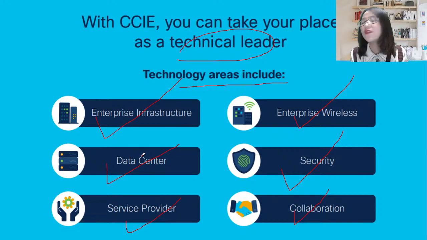EI is very popular in the current market. I will explain the EI Lab details in a later part. But some friends are interested in different directions. As we all know, as long as you are engaged in networking, enterprise infrastructure is the foundation of all networks.